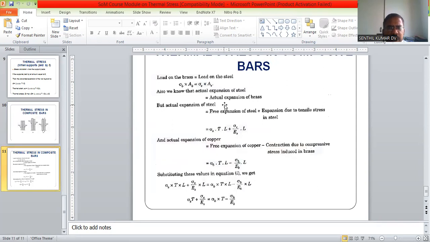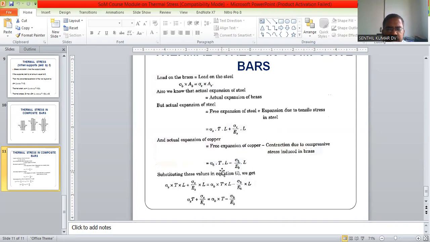The actual expansion of steel will be equal to the free expansion of the steel under thermal load plus expansion due to the tensile stress exerted by brass on steel. So alpha S TS LS plus sigma S by ES into LS. And the actual expansion of brass will be free expansion of brass minus contraction due to compressive stress induced by steel in brass.